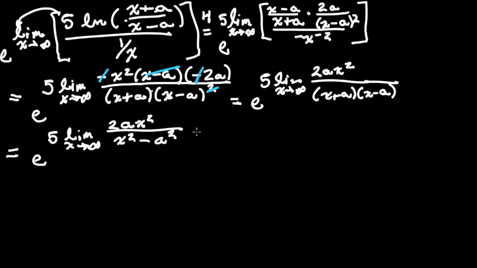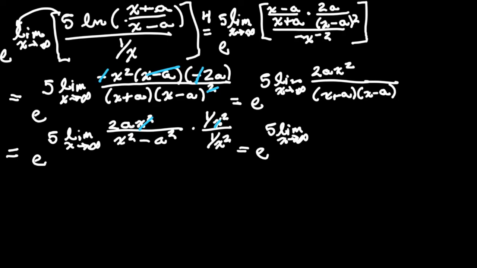So we can actually multiply the numerator by 1 over x squared and the denominator also by 1 over x squared. And that will also give us e to the 5 limit as x goes to infinity, which we've written a bunch by now. And then this is going to cancel out the x squared on the top.